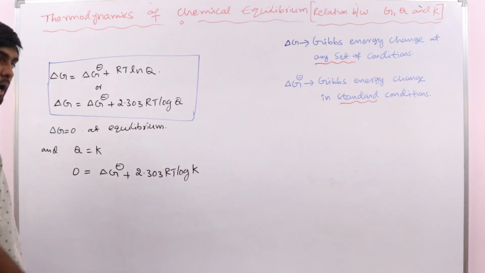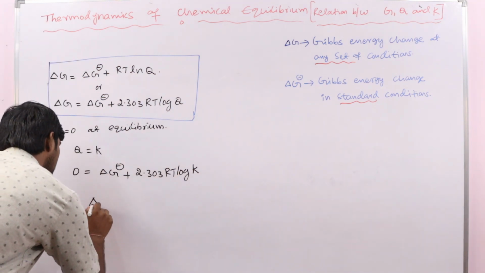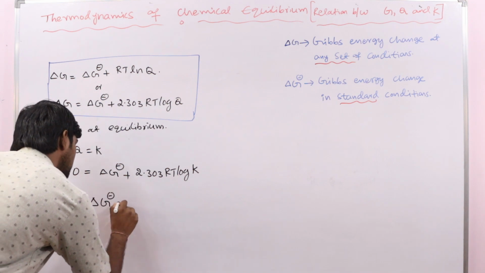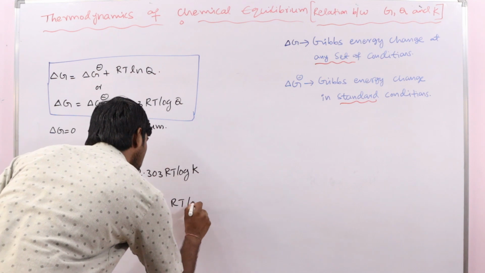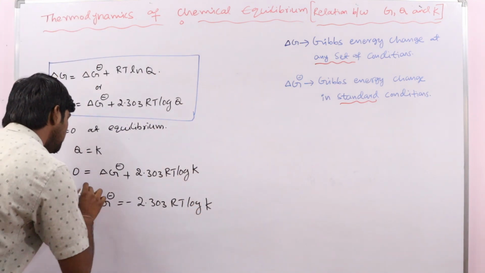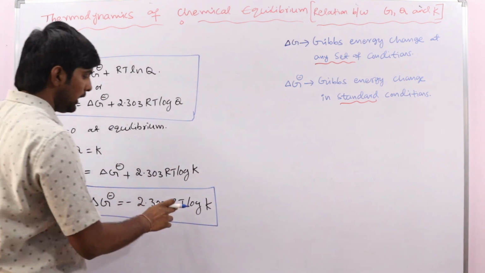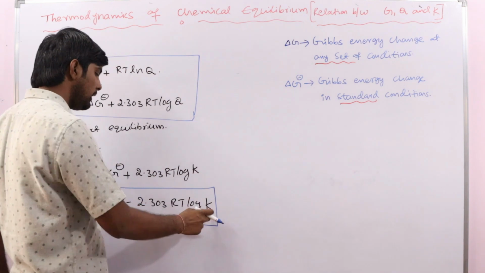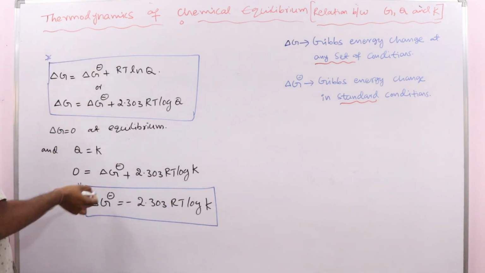Therefore, if you rearrange this, delta G naught is equal to minus 2.303 RT log K. So this is the relationship between Gibbs energy change at standard conditions at a specified temperature and the equilibrium constant. Very important, this relation.